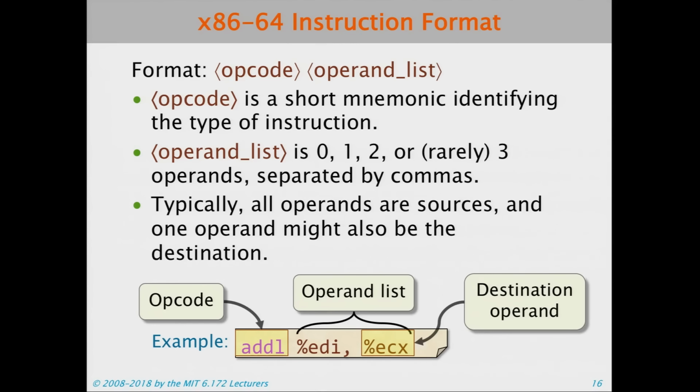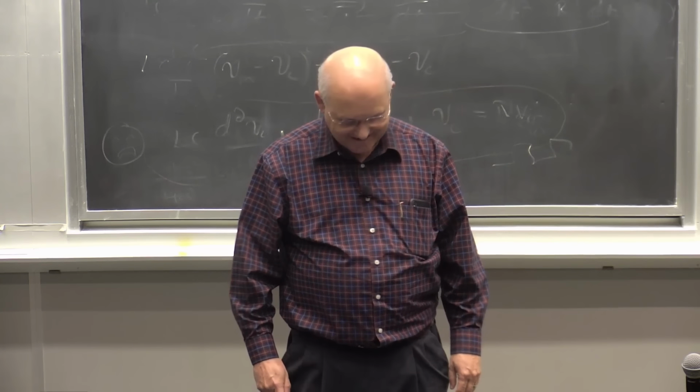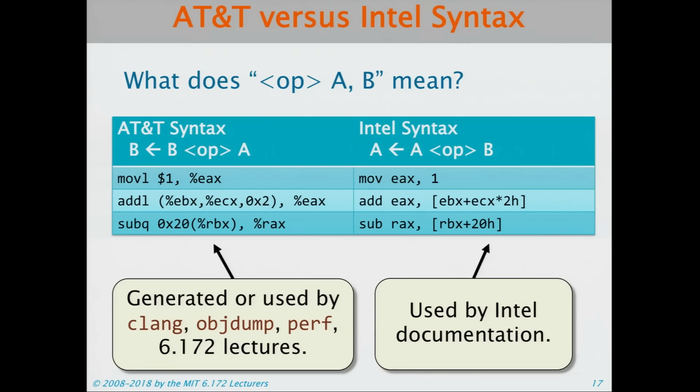Yes? Is there a convention for what the destination is? Funny you should ask. Yes. So what does op A B mean? It turns out, naturally, that the literature is inconsistent about how it refers to operations. There are two major ways that are used: the AT&T syntax and the Intel syntax.